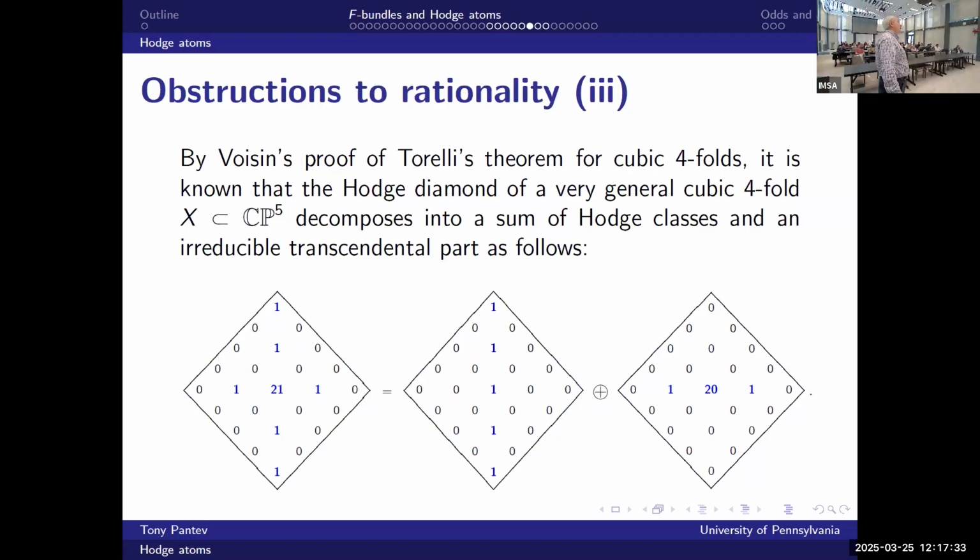And using this and some fairly non-trivial Gromov-Witten theory, you can actually compute the atoms, or at least limit the atoms. In fact, you can compute them, but for the non-rationality, you need very little.